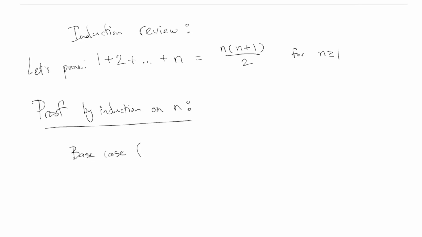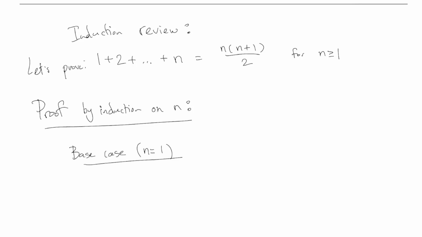In our class, usually the base case will be n equals 0, although in this particular example, n equals 1 is the base case. This doesn't make sense if n was 0, so n equals 0 is not allowed here. For the base case, you just have to prove that the formula is true when using n equals 1.